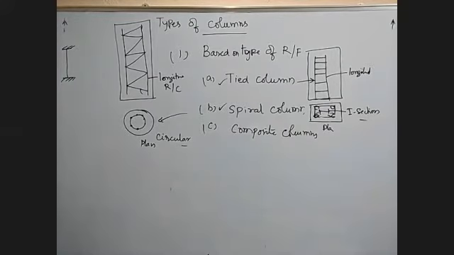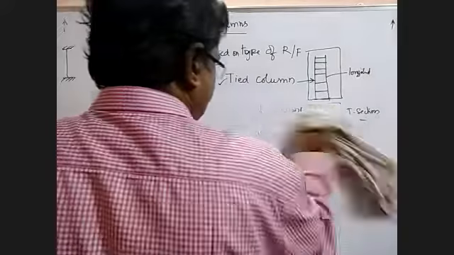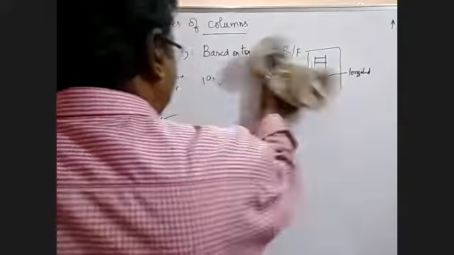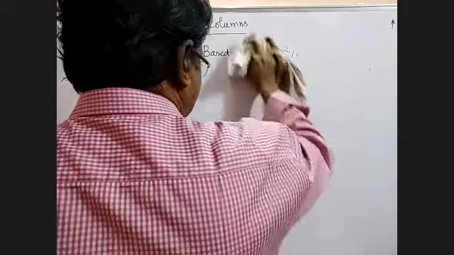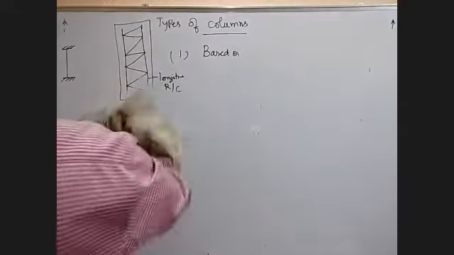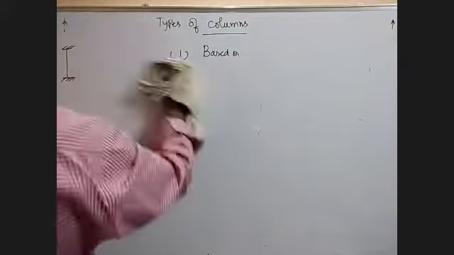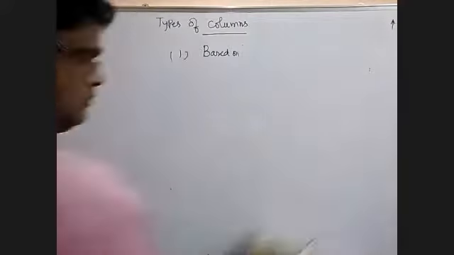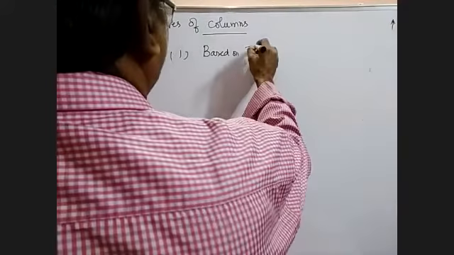Based on the type of reinforcement, we call it as tied column. It may be a square or rectangular, and spiral column. Now, based on the type of loading.